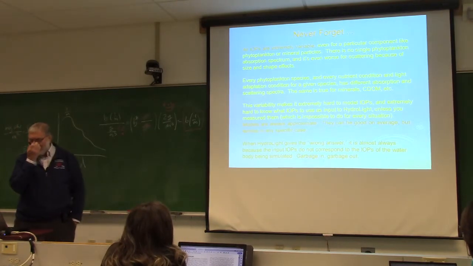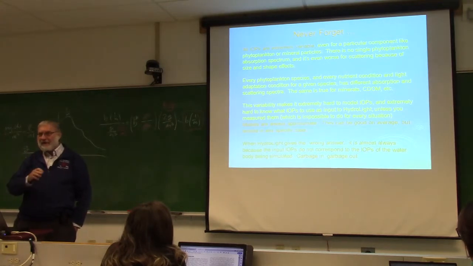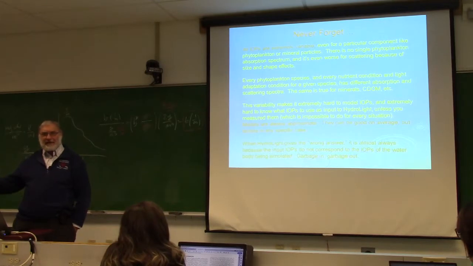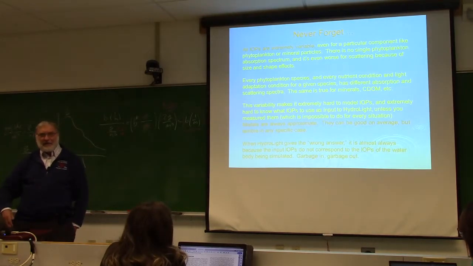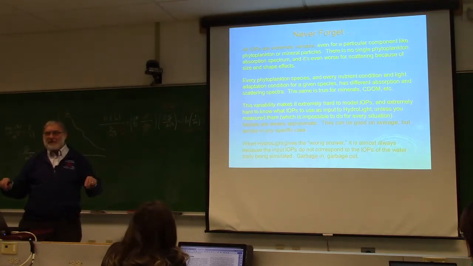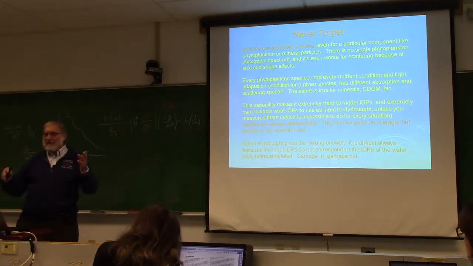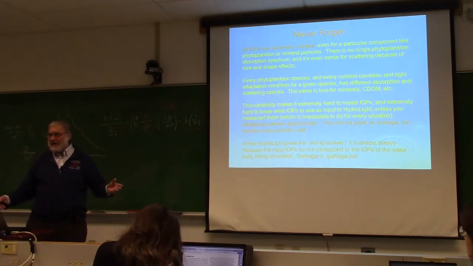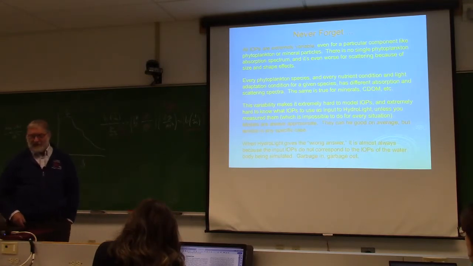And the other thing to remember is that IOPs are extremely variable. You know, chlorophyll goes by a factor of 1,000. IOPs can go not as wide a range, but you know, there is no single phytoplankton absorption curve. There's a lot of them. There is no phytoplankton chlorophyll-specific scattering function. It's just so variable because of particle shape and so forth.